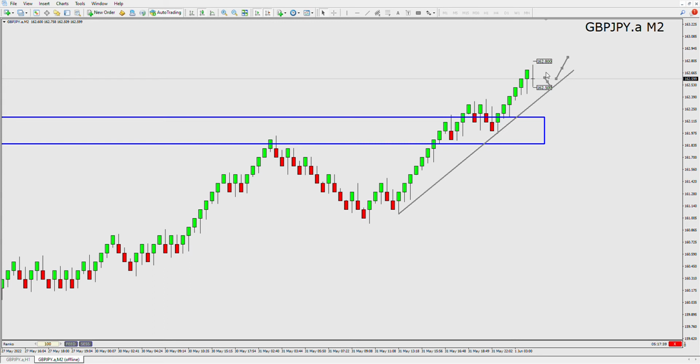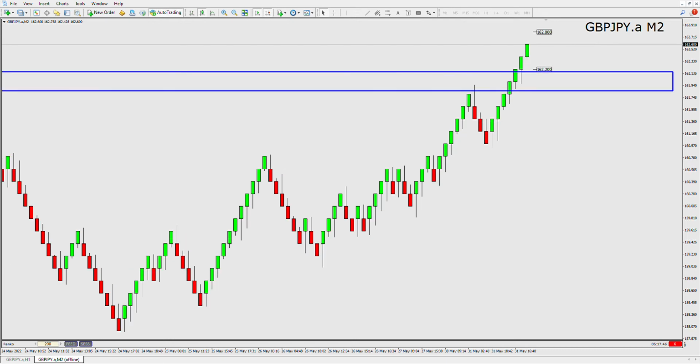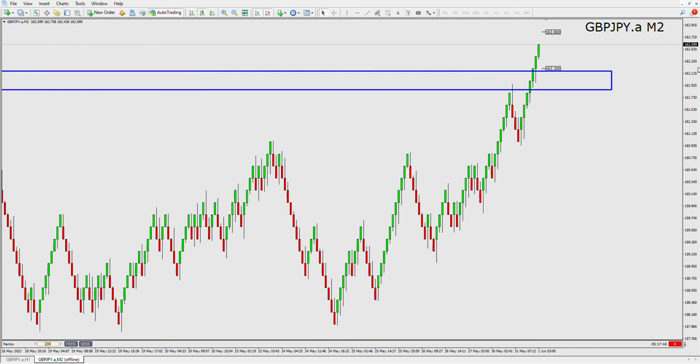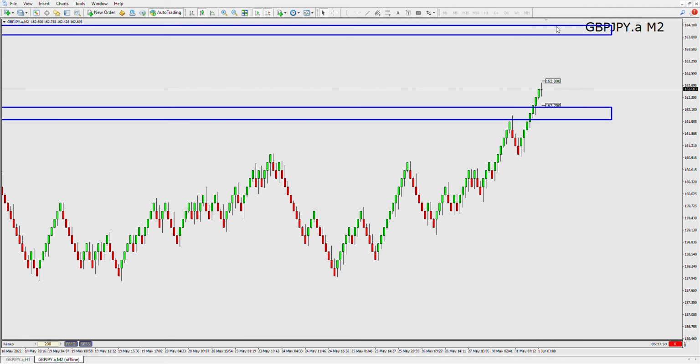You can do this on 10 pip if you see it. However, ideally it's the 20 pip for me. Not every time it happens, maybe price just keeps going without correcting on the 20 pip, and maybe you want to catch it on the 10 pip. Up to you. I myself personally would wait for the 20 pip.